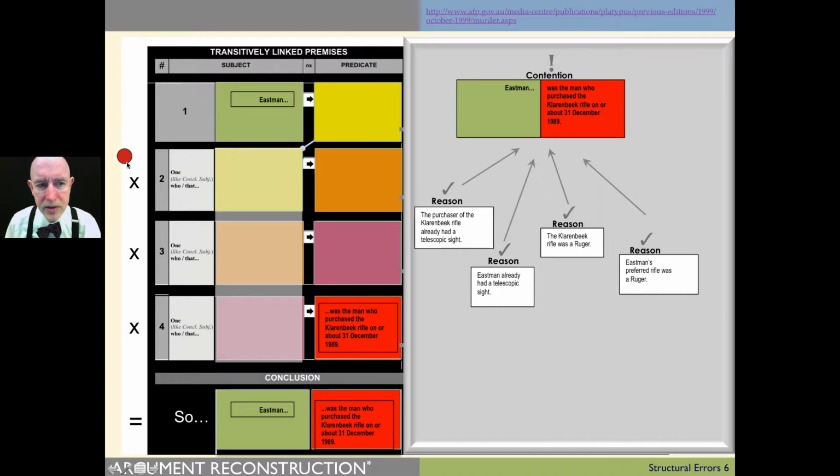Now here we've depicted 4 premises. You might have more, you might have less. This is just kind of a starting point for us, so we can see there's a number of blanks that we're going to have to fill in with complex predicates so that the stepping stones here logically are in an order that logically connect.